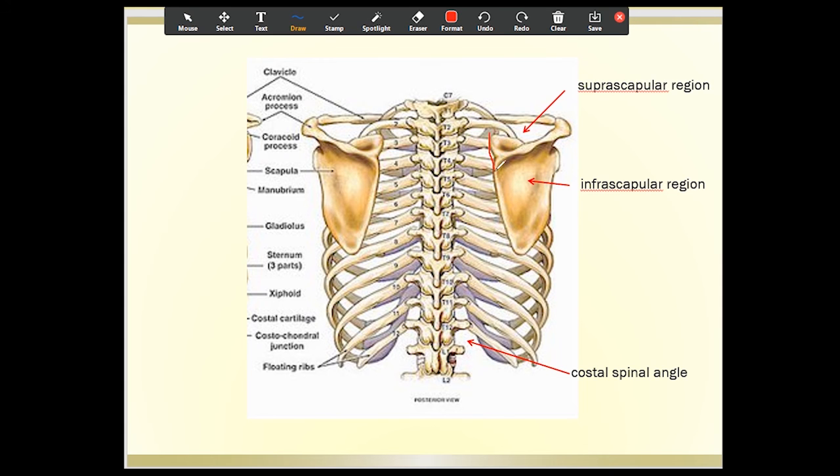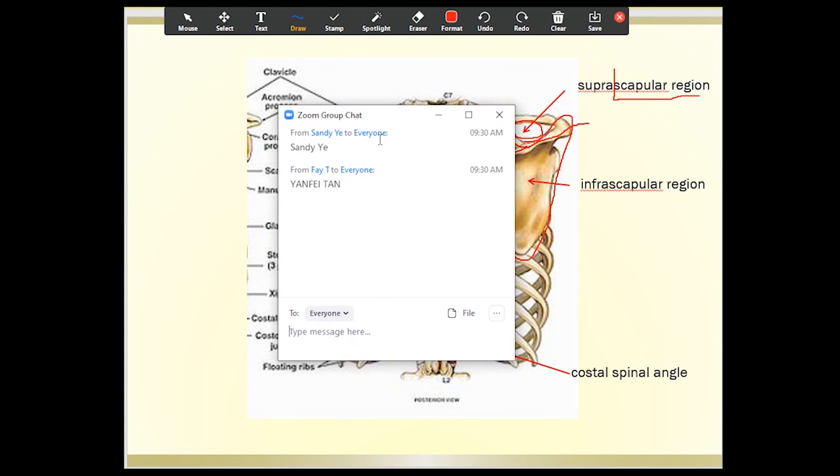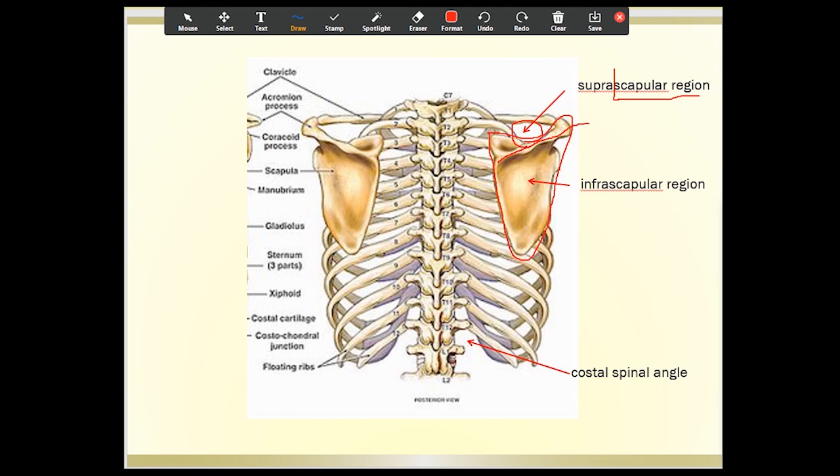We have the scapula bone here, and in the scapula we have a pretty big bone we call the spine process. Above it there is still a divot, and we call it the supraspinous region or supra scapular region.